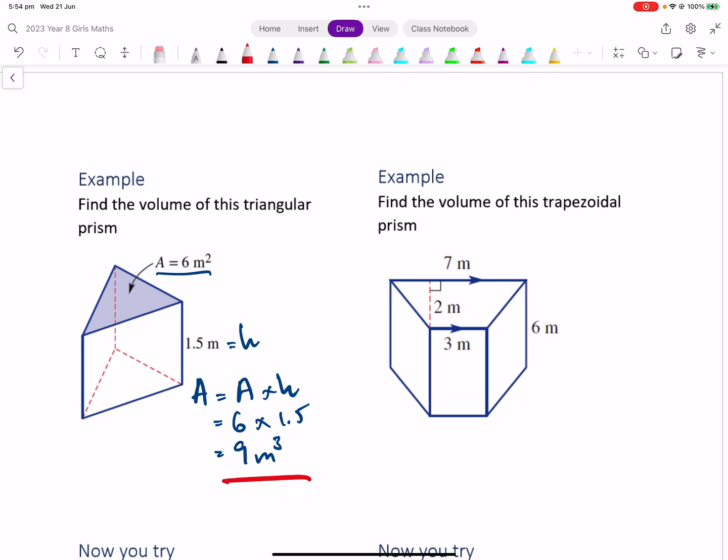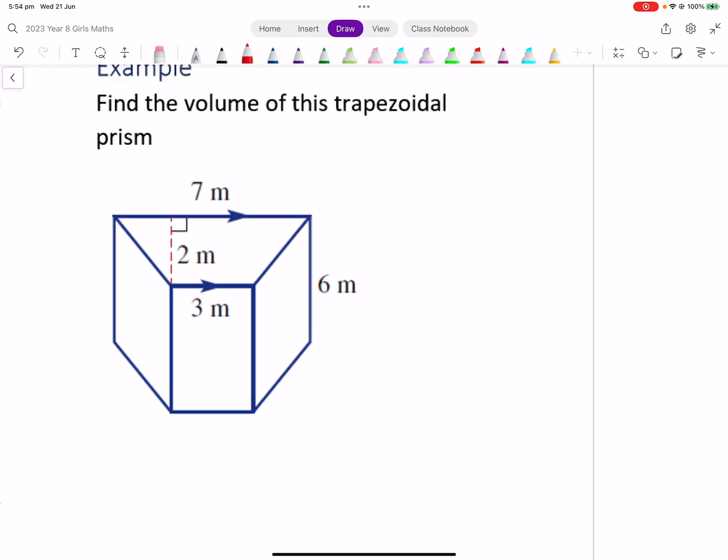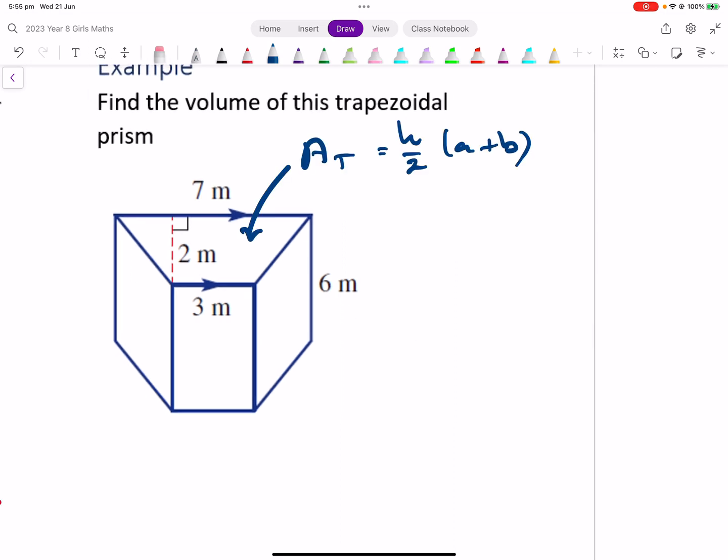All right, well done. Now, this is a slightly more difficult one because what we've got to do is measure the area of this trapezium. The area of a trapezium is H on 2 times (A plus B). And that's in your notes. Now, remember that you have your notes for the test. So don't feel like you're in trouble if you haven't remembered that formula, because as long as you recognise that shape is a trapezium, then you're in business.